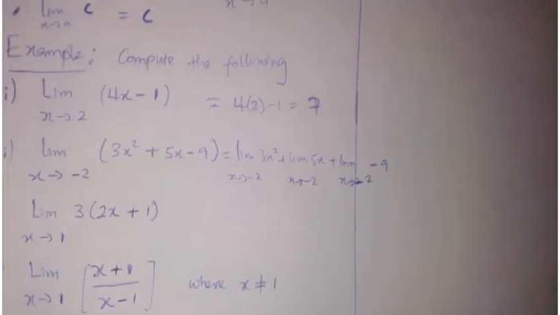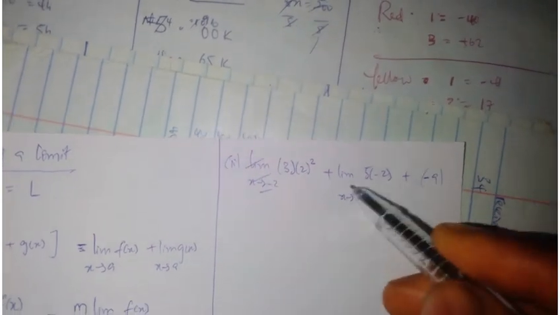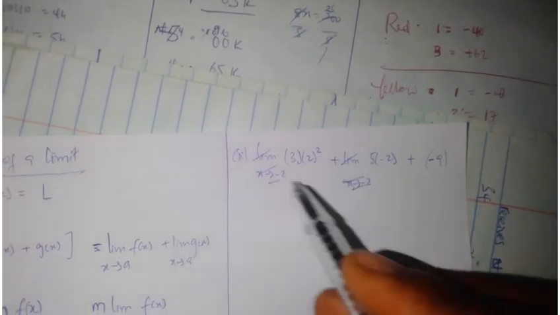Why? Because the limit of a constant gives me that constant back. So this should be out already. This should be out already also.